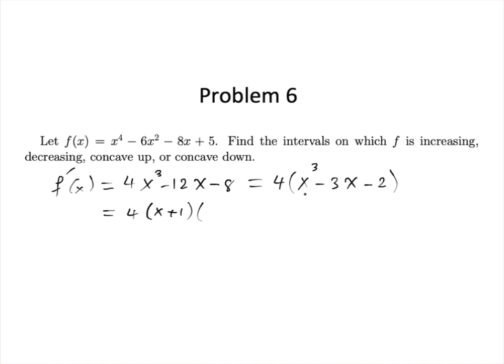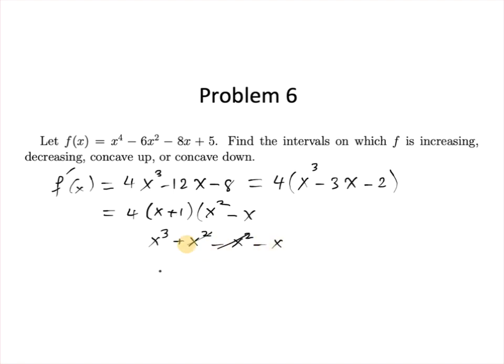So in order to get x cubed, I need an x squared here. So x squared times x is x cubed. And then x squared times 1 is x squared. But there is no x squared here. So to get rid of it, I subtract an x here because minus x times x is minus x squared. And then minus x times 1 is minus x.